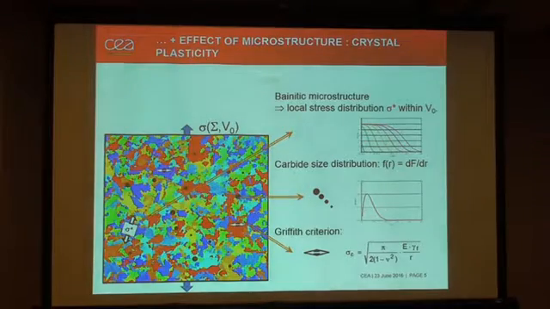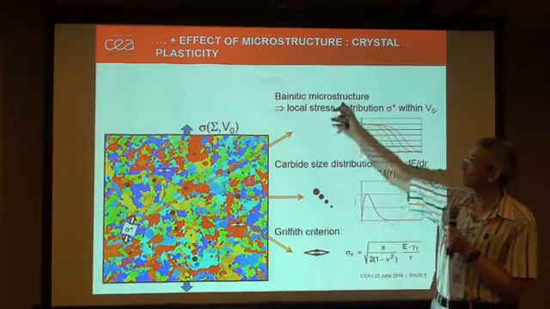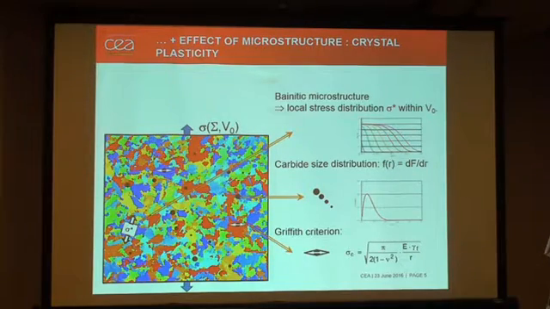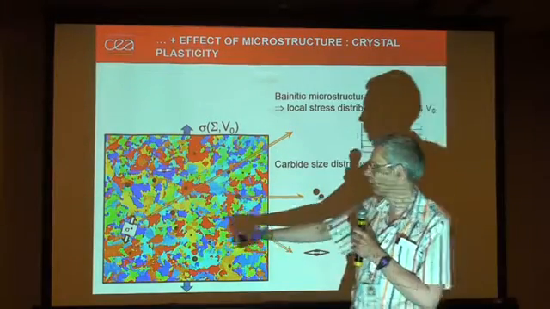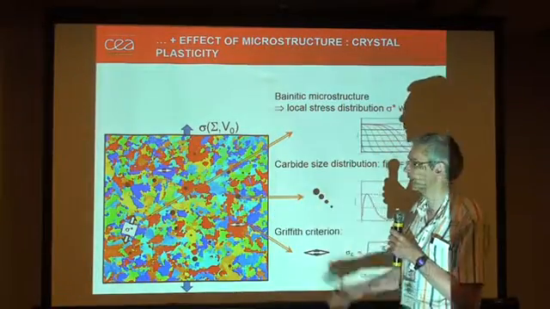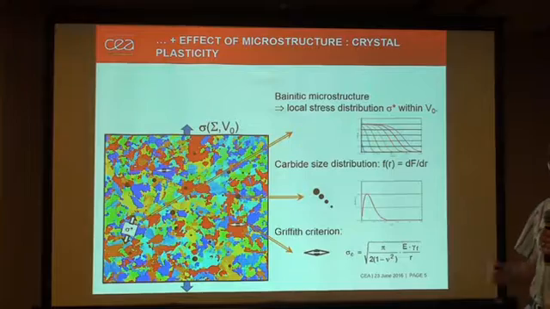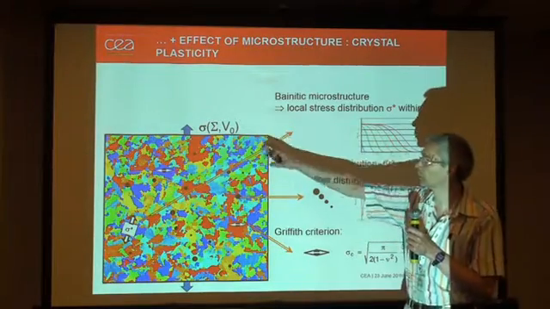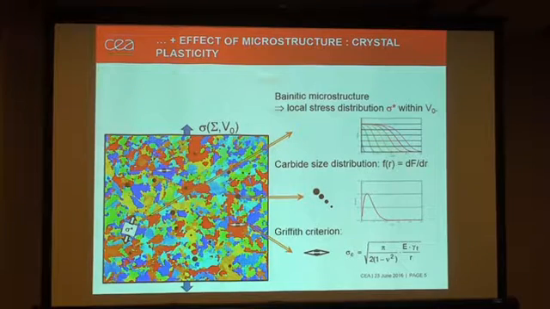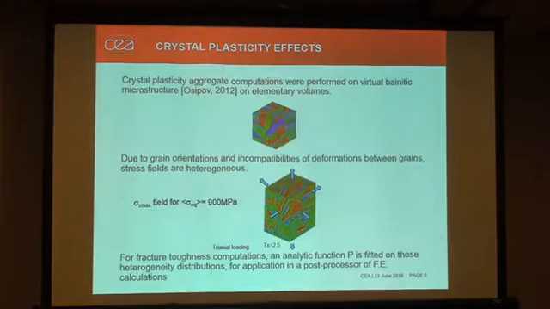In MIBF, we take into account the metallic microstructure, and we consider that the local stress distribution sigma star inside V0 is not uniform, but will be distributed around the mean value sigma. So this was computed using crystal plasticity aggregate simulations, which were performed on the virtual metallic microstructure.